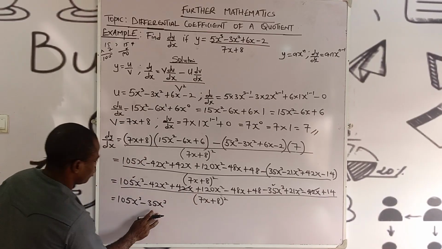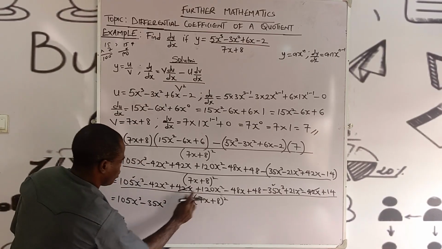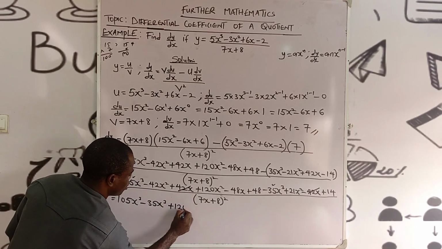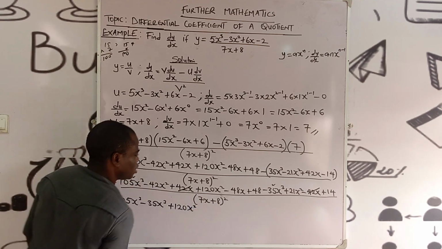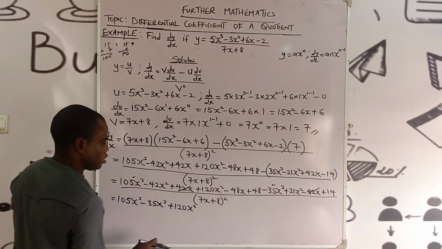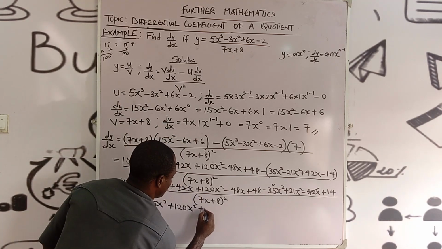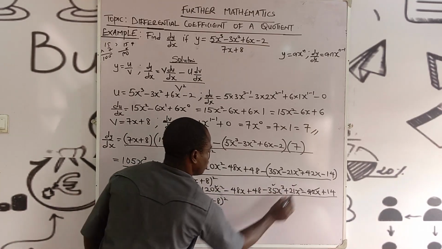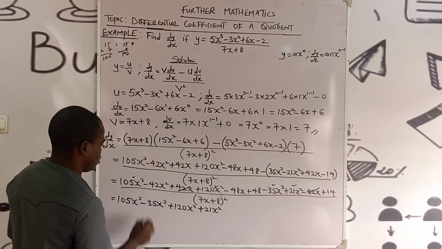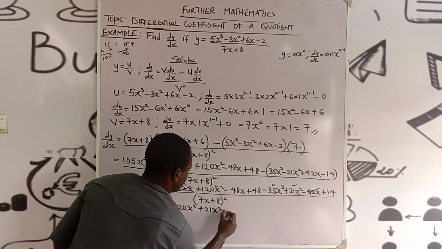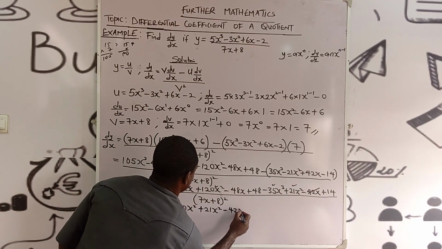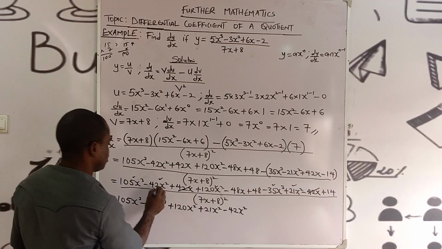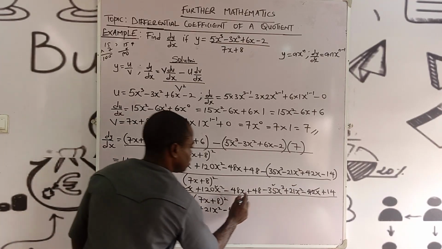Then we are finished with the cube. Let's come to square: plus 120x squared, plus 21x squared, minus 42x squared. What's left?